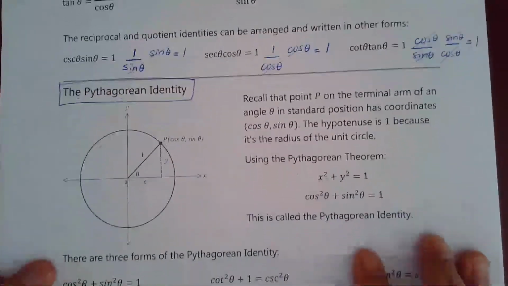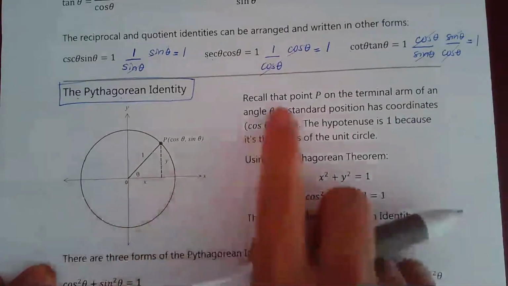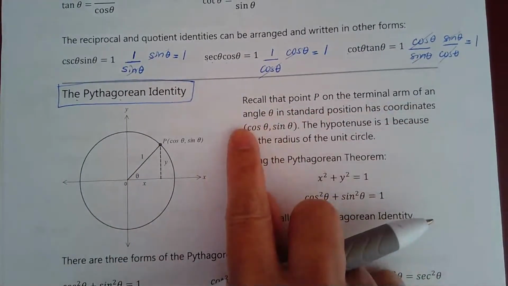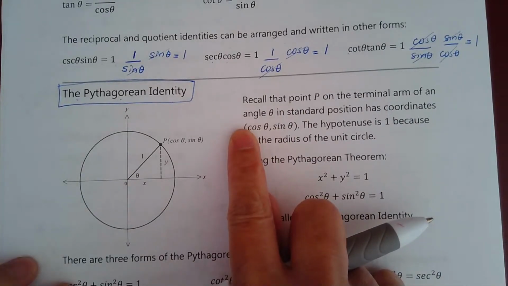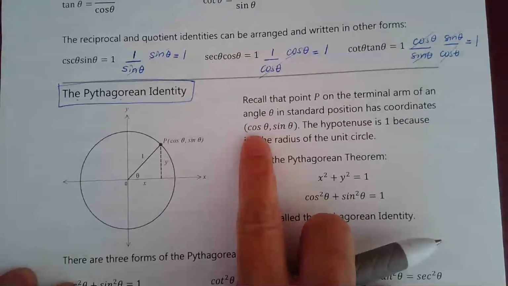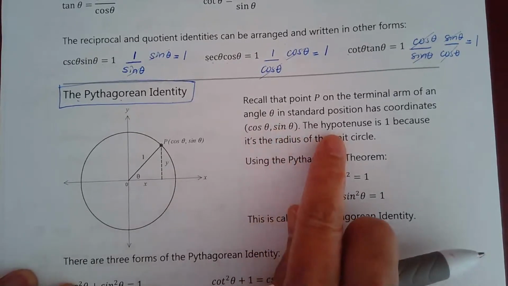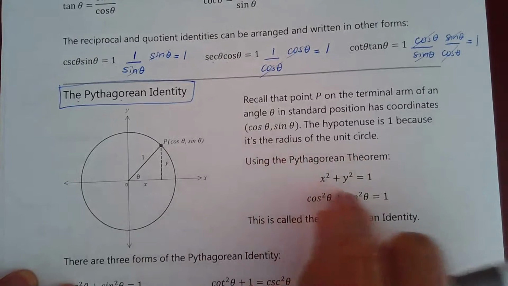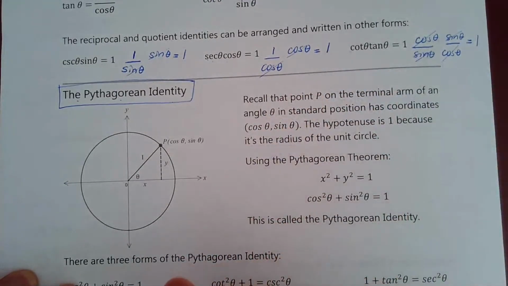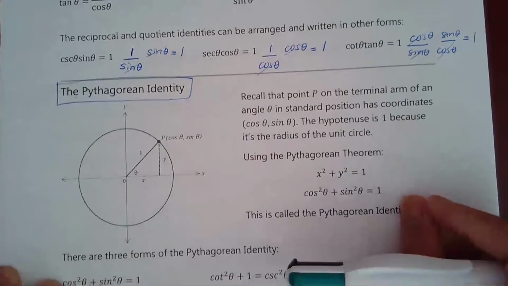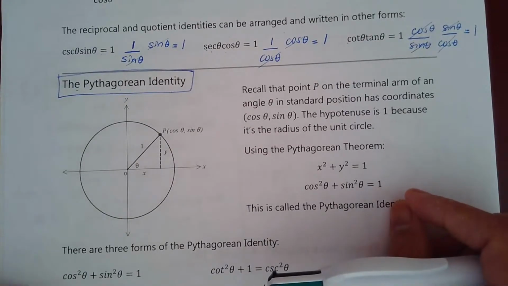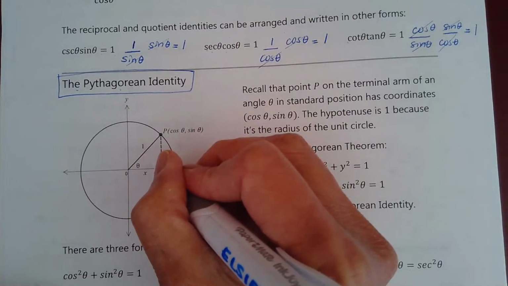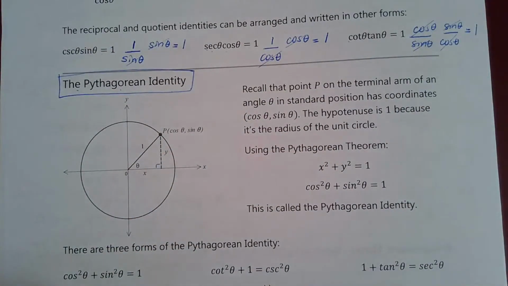Recall that the point P on the terminal arm of an angle theta in standard position has coordinates cos theta, sine theta, and the hypotenuse is 1 because the radius is 1. This brings us back to chapter 6, part 1. Using the Pythagorean theorem, we know that this is 90 degrees right there.